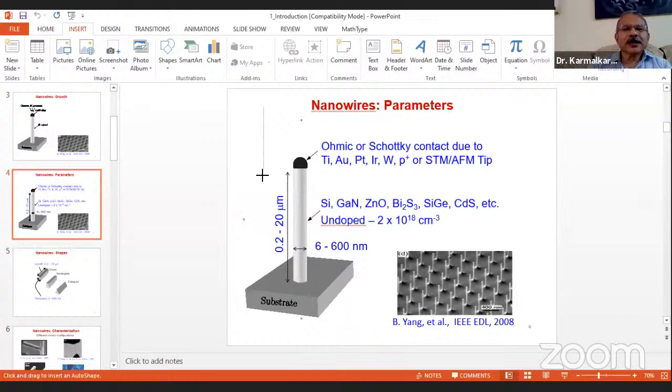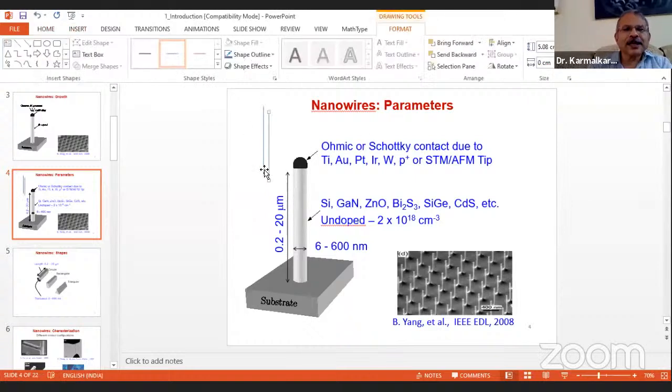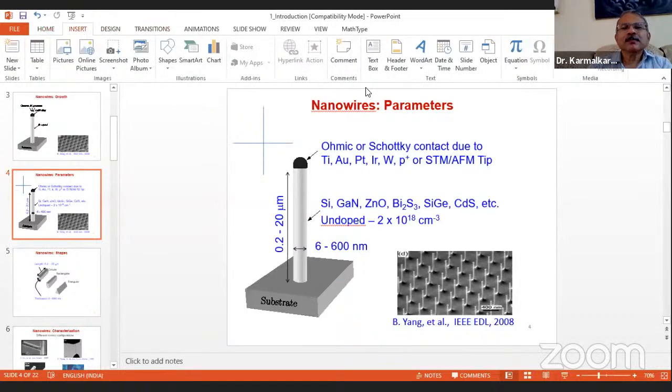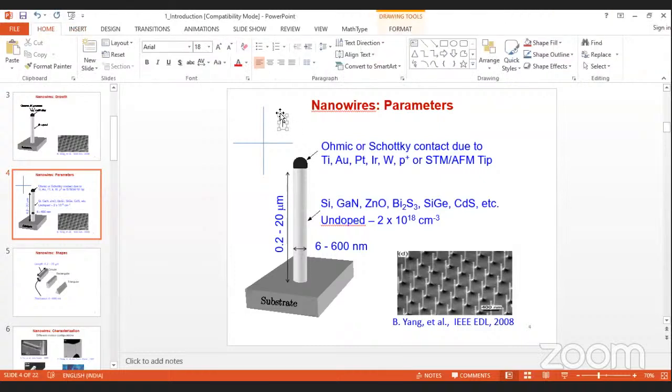So suppose this is the graph. This axis is current and this axis is voltage. Are you able to see these two lines? Yes, sir. Okay.